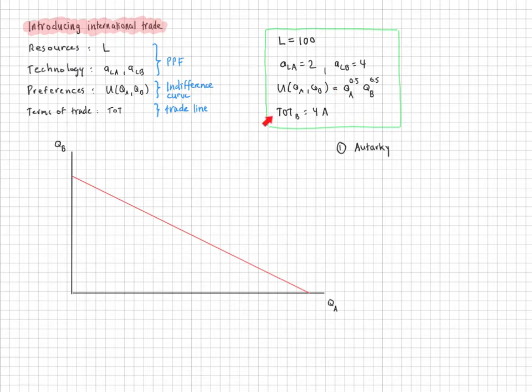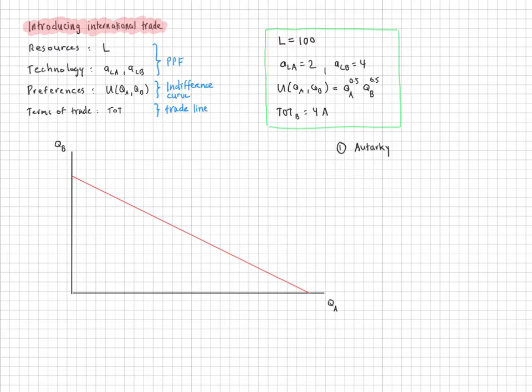And then later on, when we go away from autarky, our terms of trade is going to be that you have to trade 4A to get 1B, or alternatively, you can trade 1A for 1/4 of a B. But first I want to do the autarky, so when we don't have any trade.